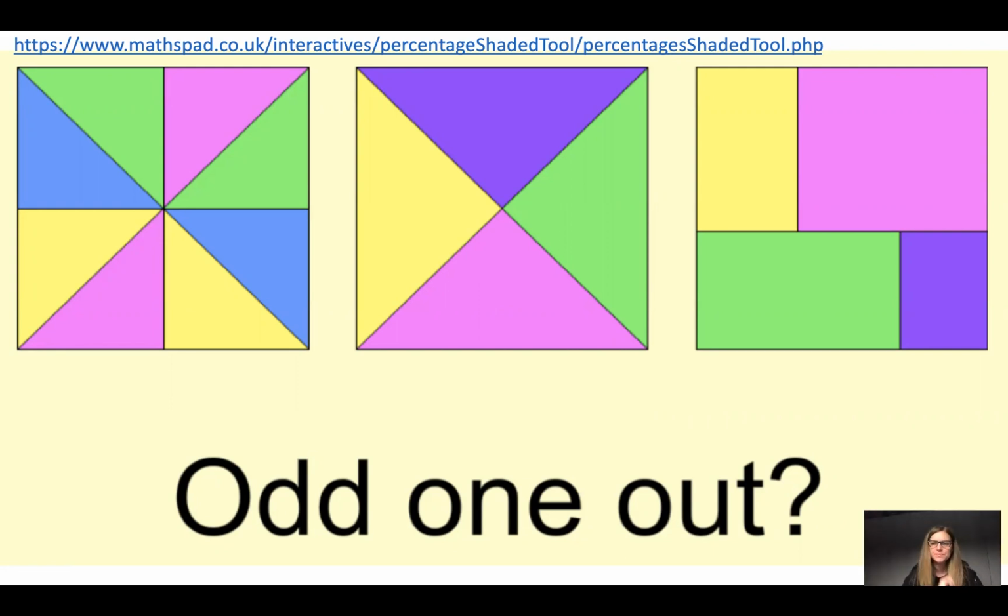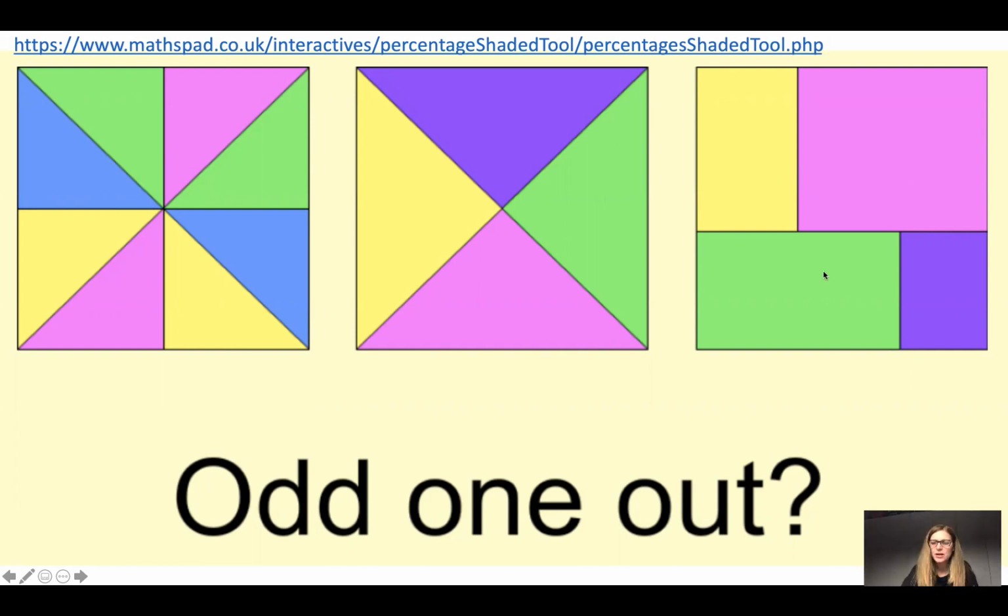Time's up. Okay, so if we look at our first two squares, they've been cut into 8 equal parts for this one, 4 equal parts for this one, but this one, the parts are not equal. Okay, very important.